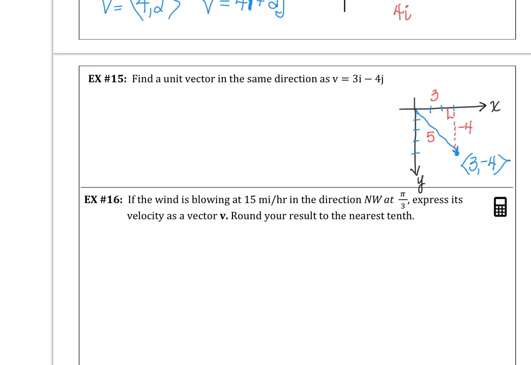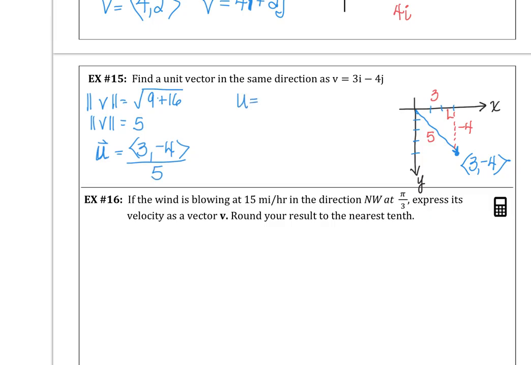So we know the magnitude of vector v is the square root of 3 squared plus negative 4 squared. So our magnitude is 5. To find the unit vector, we're going to take the components of the main vector, 3, negative 4, and divide it by 5.